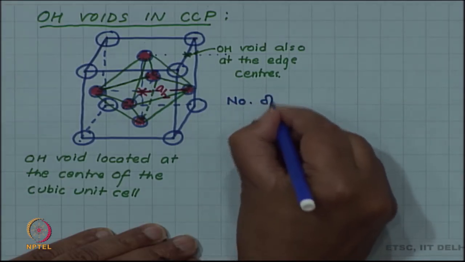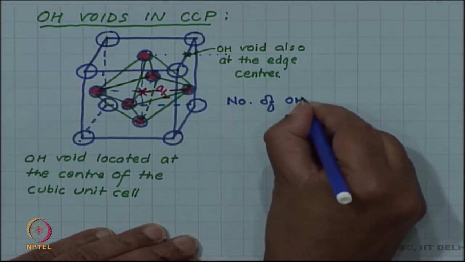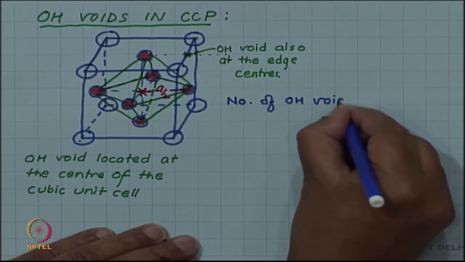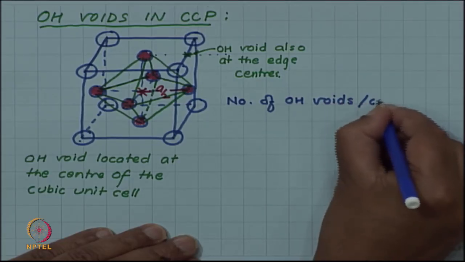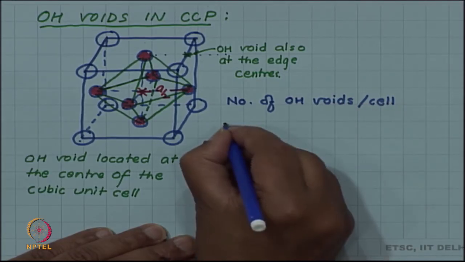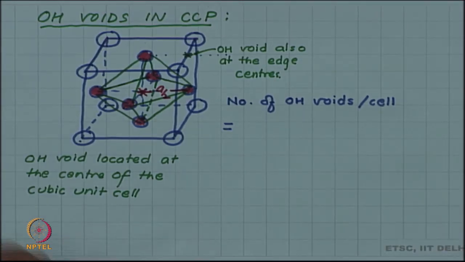So, the numbers here can now be calculated. Number of octahedral voids per cell: the central void is totally included in the cell.